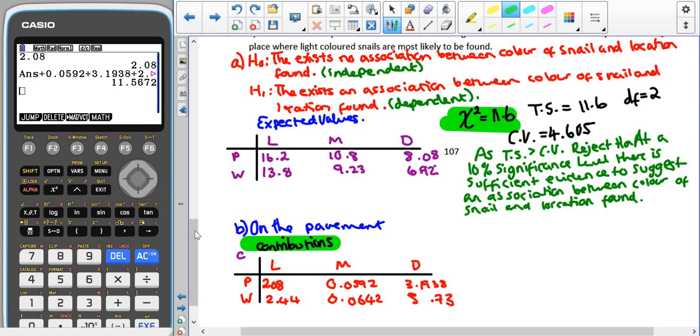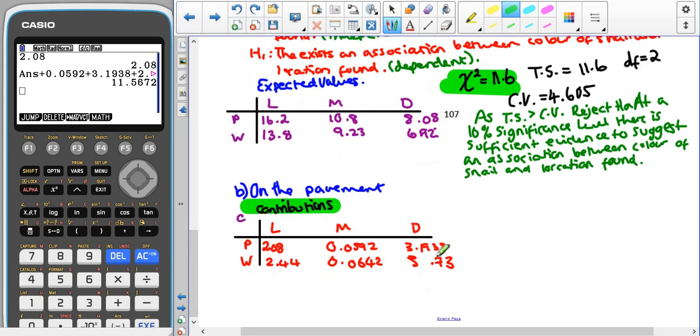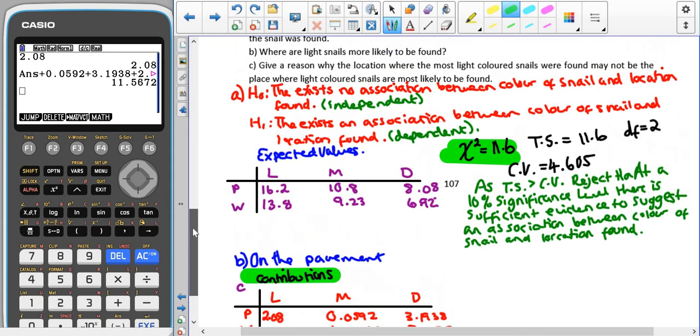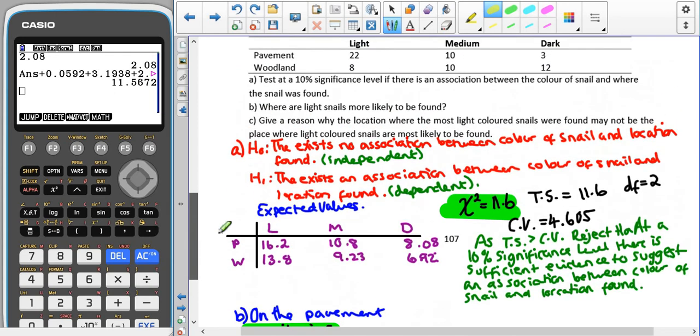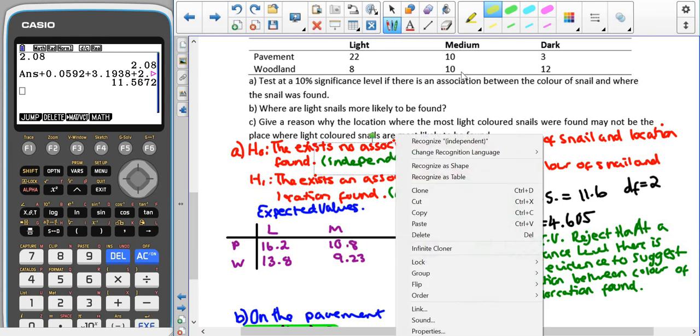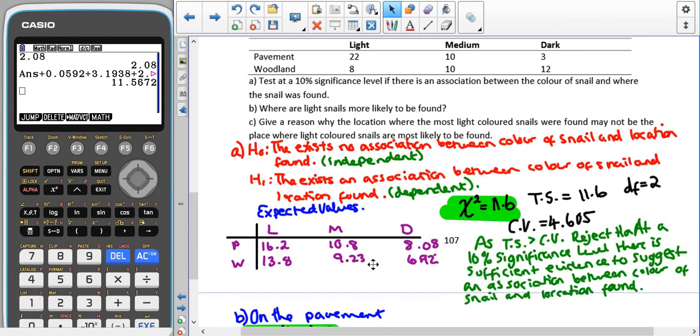So when we have a look at this, we can see where each set of data contributed to our chi-squared value. Just to point out some of the bits I was talking about before, you can see here that the smallest contributions are these medium ones here, which is what I was pointing out before, that 10.8 is quite close to 10 and 9.23 is also close to 10.